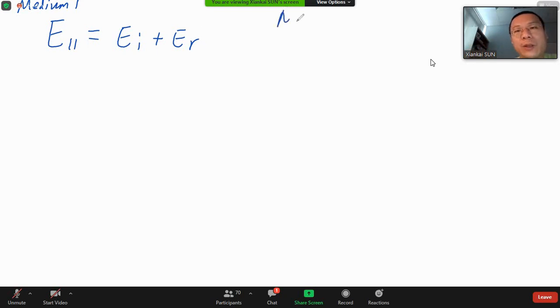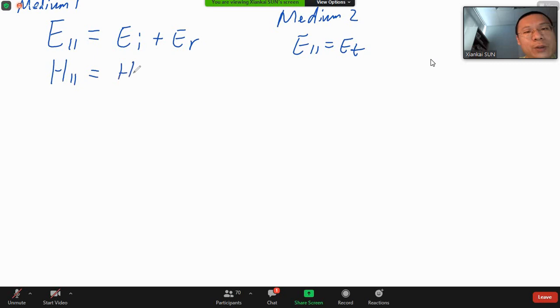And in medium 2, we have only one electric field, right? We only have ET. No problem? In medium 1, H field, we have HI minus HR. Pay attention, minus. And H in medium 2 is equal to HT.